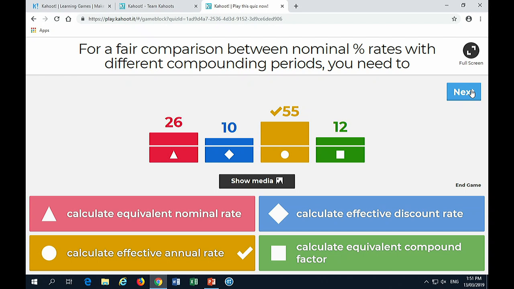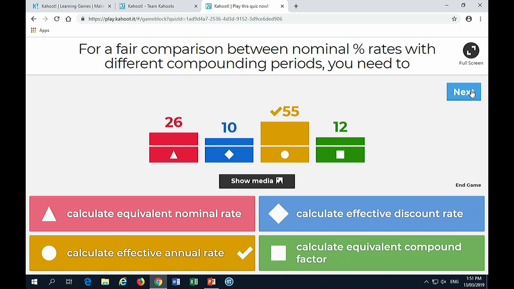One is 112, the other is 112.68. So even though nominal rates are the same, they're not equivalent. To compare, you have to compare apples to apples, and the only way to do it is to calculate the actual effective annual rate for each of these options.